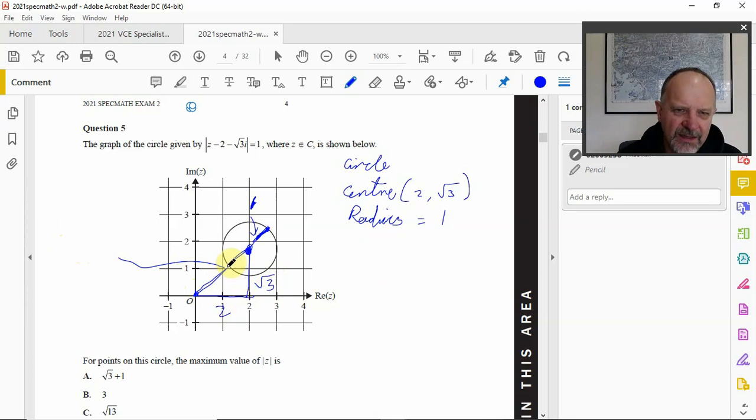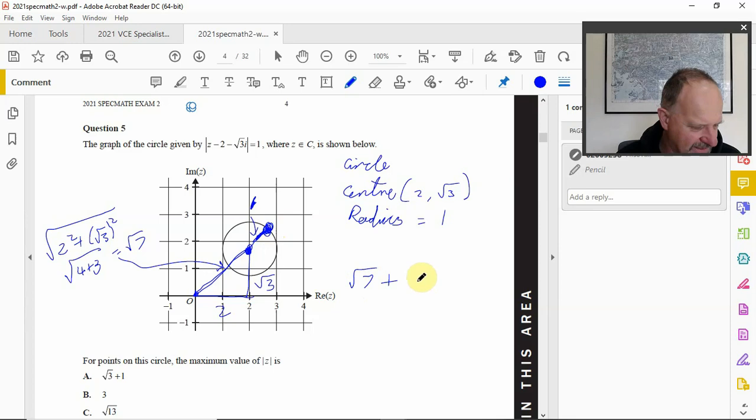So that length is the square root of 2 squared plus root 3 squared, which is the square root of 4 plus 3, which is the square root of 7. So our distance all the way out to there is root 7 plus 1.